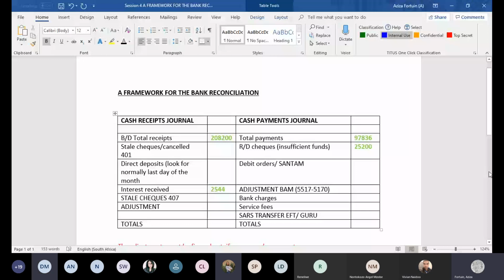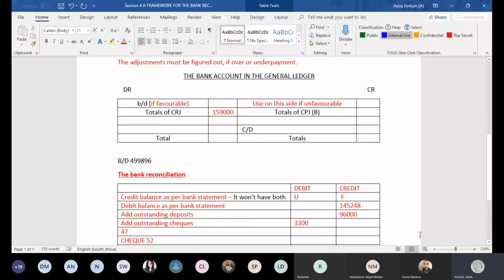Doesn't that become an... Yes, it goes onto the bank recon as an error. Okay, you can continue, Vivian.